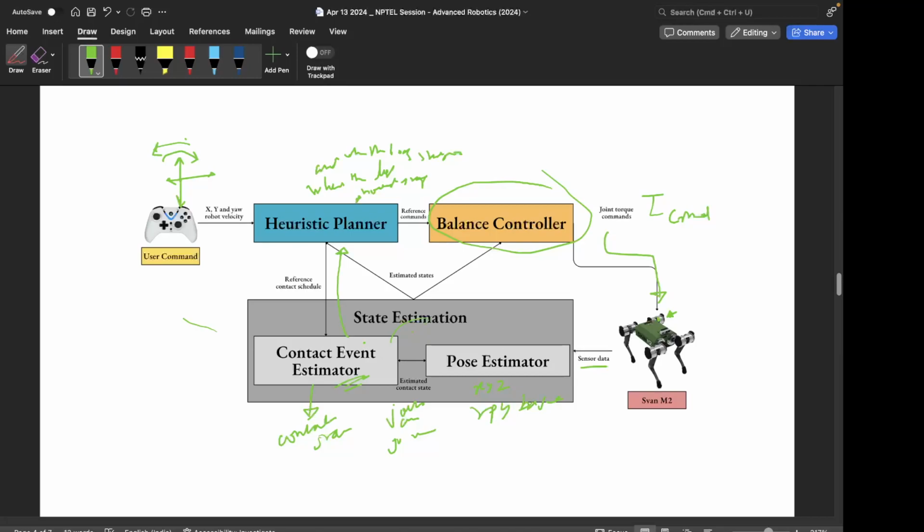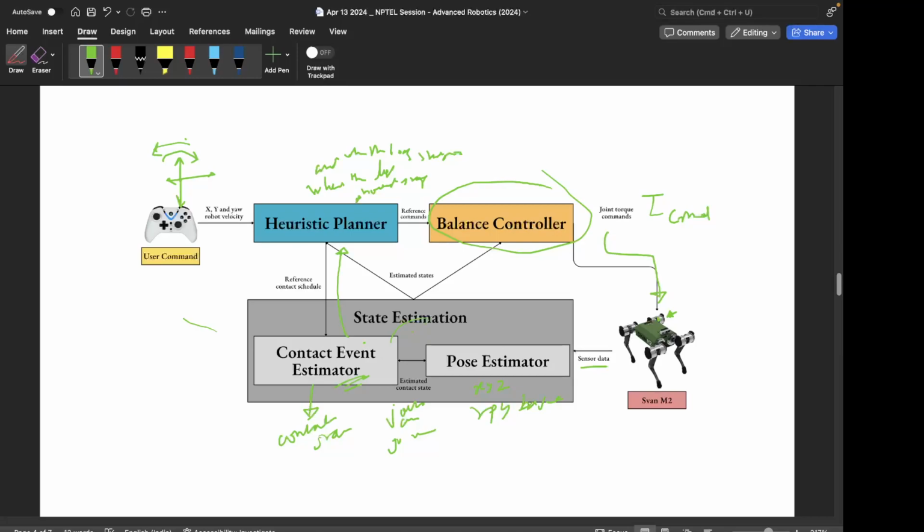And then we discussed dynamics, in which we saw the Newton-Euler equations, the forward iteration, the backward iteration, and finding out the required torques given the joint accelerations, or if the torques are given, then finding out the accelerations.